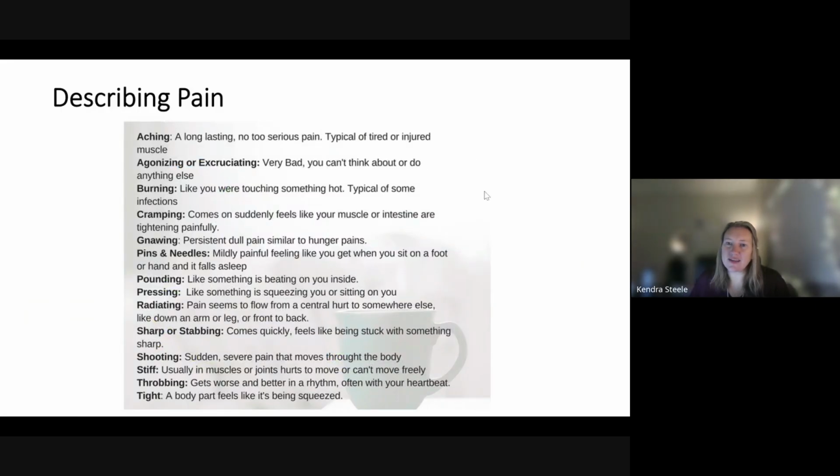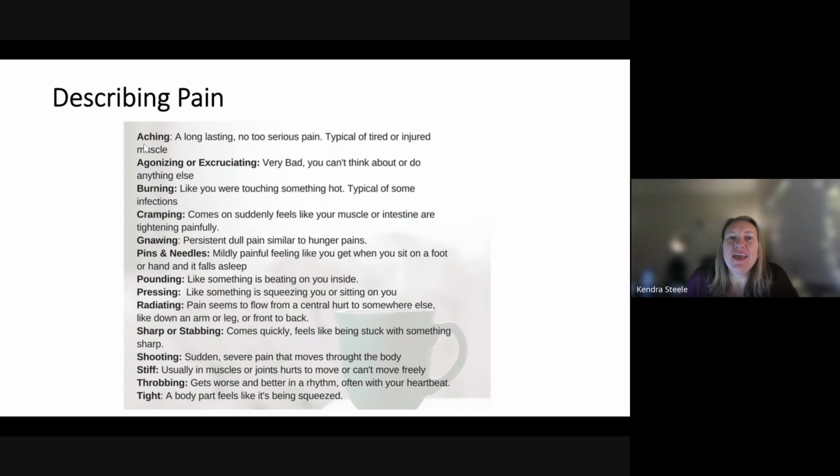We also have many adjectives in English for describing the type of pain that you're feeling. Okay. So the scale of 1 to 10 is how much does it hurt? The severity of the pain. These words will help you describe the pain to a provider, what exactly it feels like. Okay.